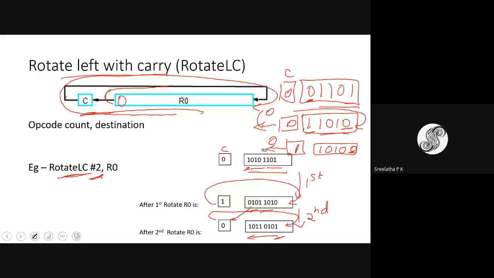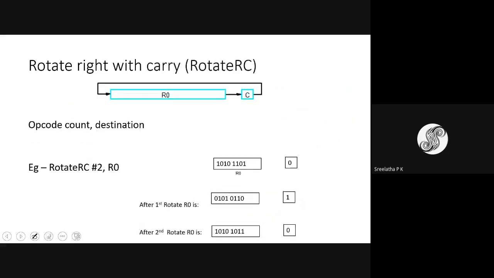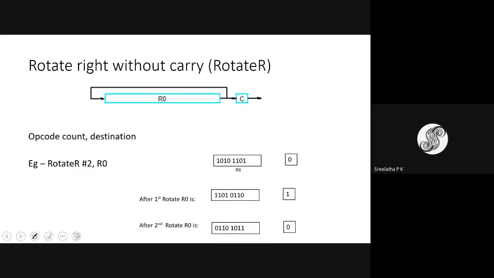Fine. Similarly, there is rotate right without carry and rotate right with carry. The syntax, that is the format, is the same. This is the rotate R instruction, rotate by 2 bits, and then the R0 content is to be rotated. Now this is without carry, so the carry flag does not affect the content of the R0 register.